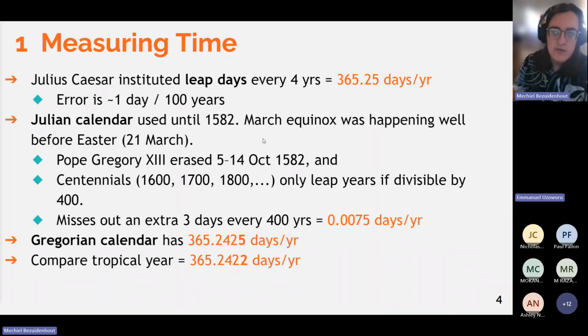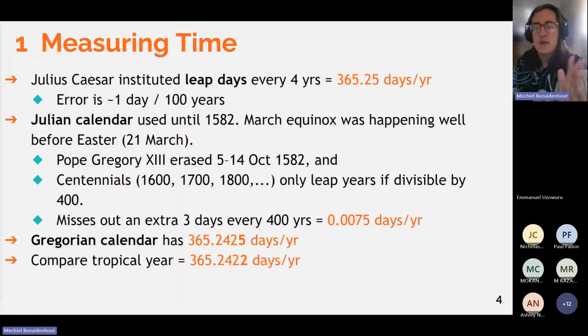So equinoxes are the times on the Earth's orbit around the sun when the plane of its rotation is exactly square with the orbit around the sun.